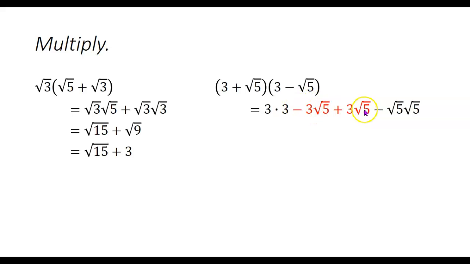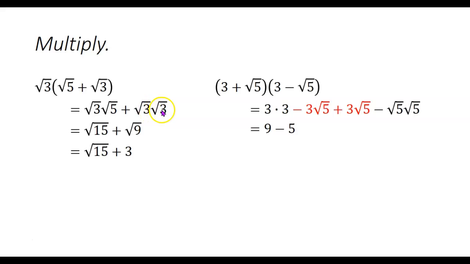And notice how the middle terms cancel because the two things we were multiplying together were the same except one had a plus and one had a minus. So really we just got the first thing times itself minus the last term times itself. 3 squared minus the square root of 5 squared. So 3 times itself is 9. The square root of 5 times itself is 5.